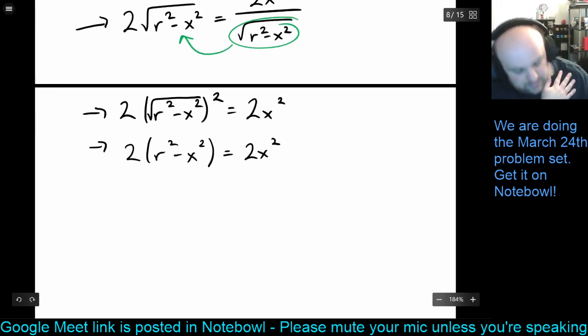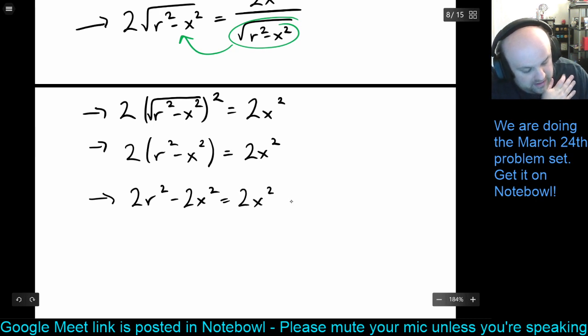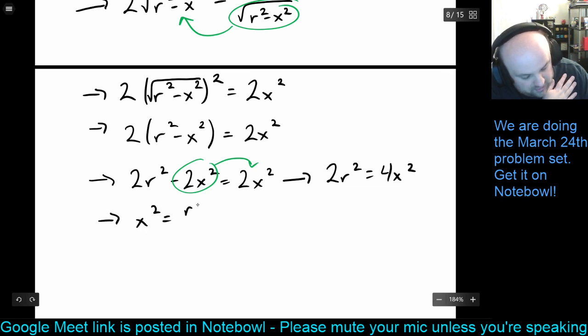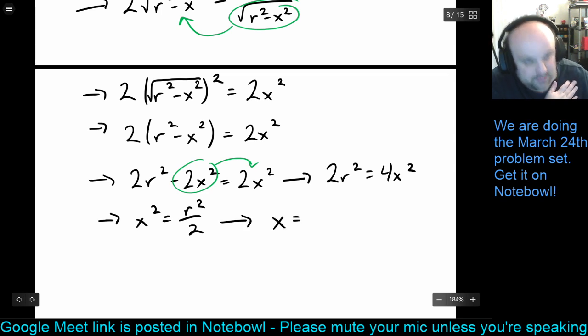So distribute this stuff on the left, and what we wind up with from here, by taking this and moving it over, is 2r squared equals 4x squared, or x squared equals r squared over 2. So since x is positive here, we're looking at r over root 2.